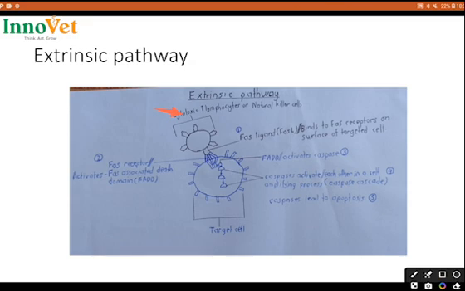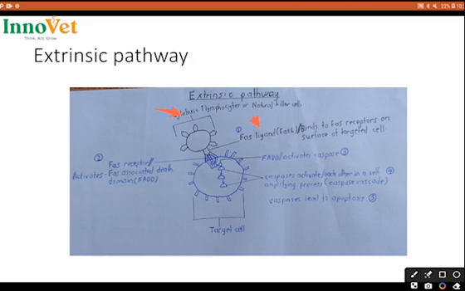So these signals in form of cytotoxic T lymphocytes or natural killer cells originating from outside the target cell have ligands that are referred to as Fas ligands, or Fas-L.